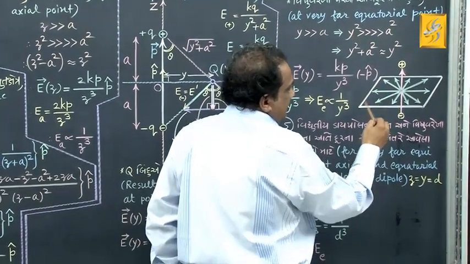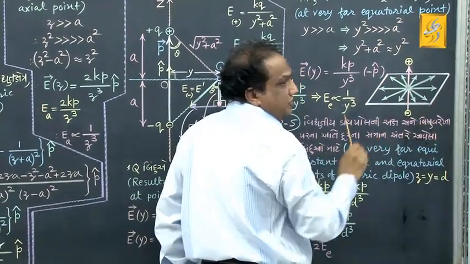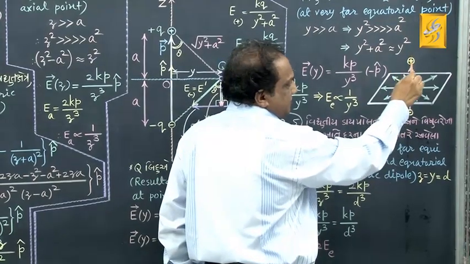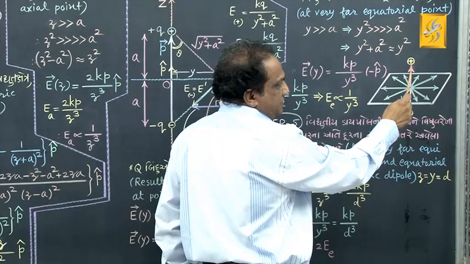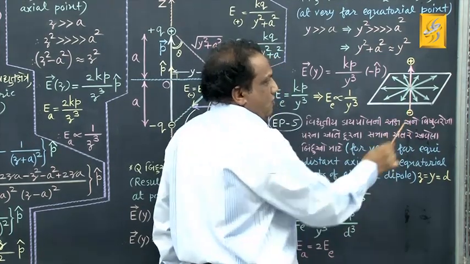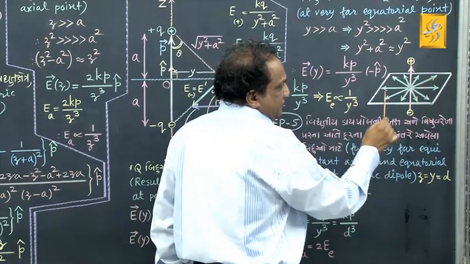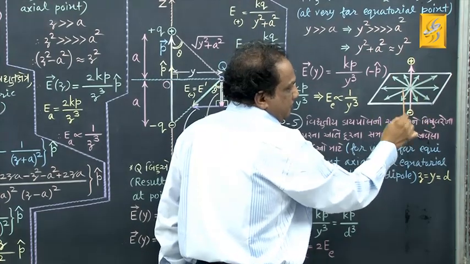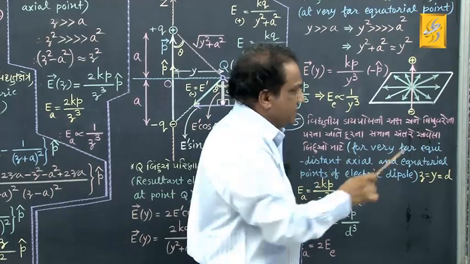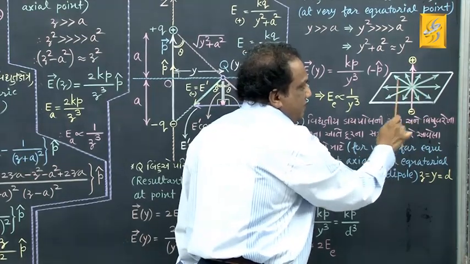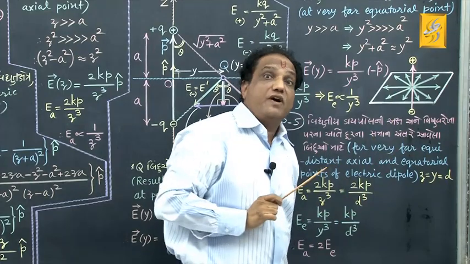Here is a horizontal plane which is perpendicular to this axis of the dipole. This is negative charge, this is positive charge. So, this is the axis, and all these are lines passing through the midpoint of the dipole and perpendicular to this axis. They are all equatorial lines, and such equatorial lines you can consider infinite in number.